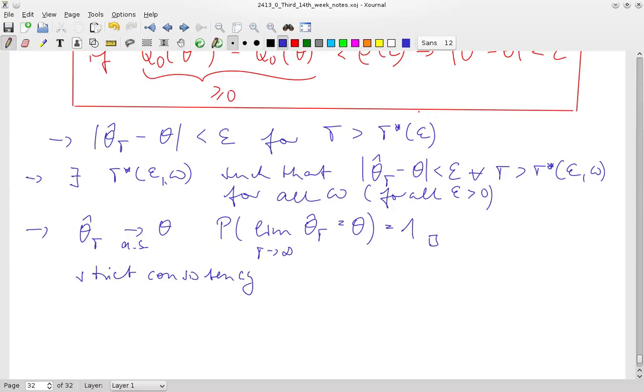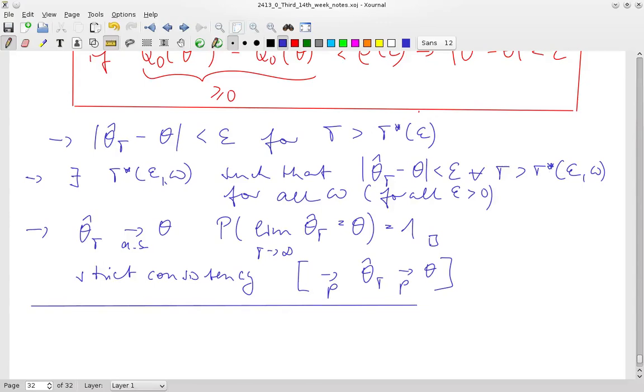that we've proven here. Note that the strict consistency also implies a weaker form of consistency, namely convergence in probability. So you may be interested only in convergence in probability, but as a matter of fact, here we can actually show almost sure convergence or strict consistency. Okay, and that completes this consistency proof for extremum estimators.